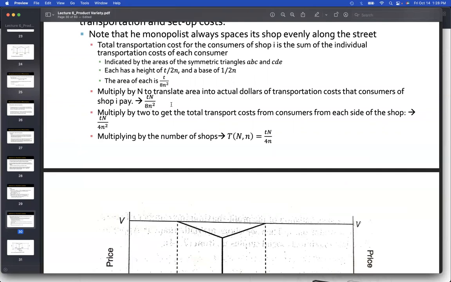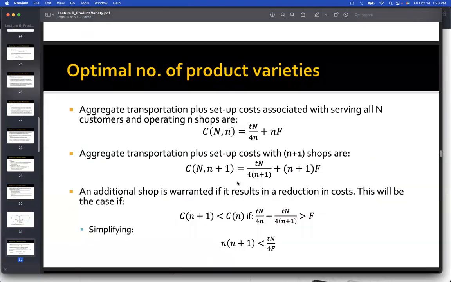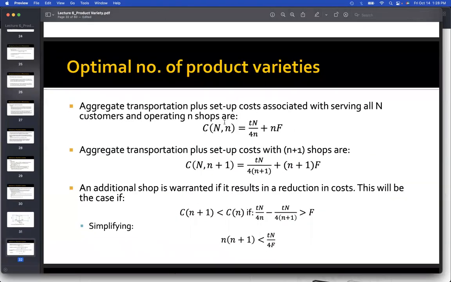Then you multiply it by N, because there are small n shops, right? So this is the total transportation cost for n shops. So now what you want to do is minimize this.